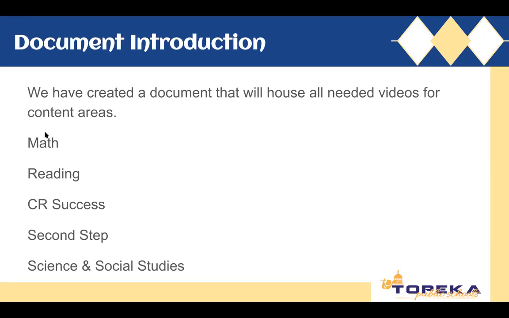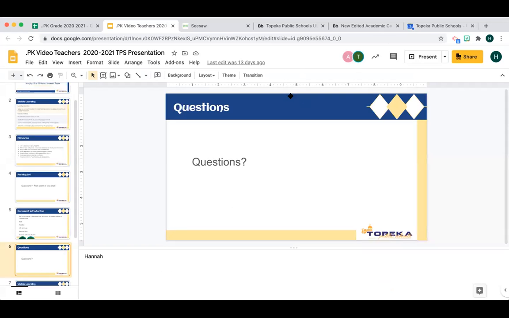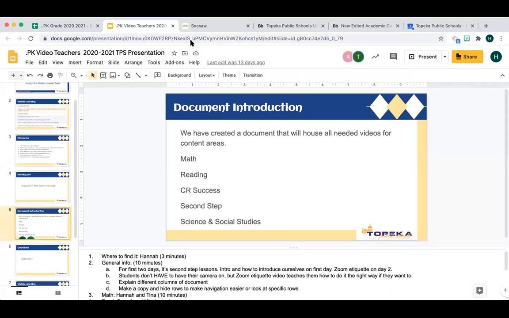And so you will find content on there for math, reading, ReadyGen, Sierra Success, Second Step, and we'll talk about science and social studies as well. So at this point, we want to show you where to find this document. So I am going to stop sharing my screen and show you.